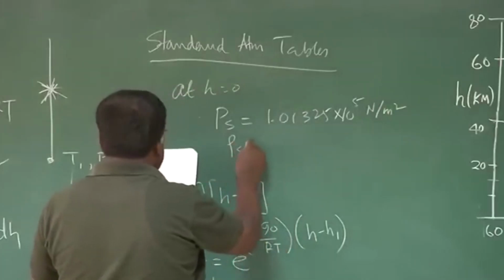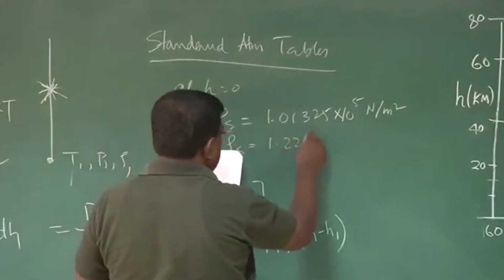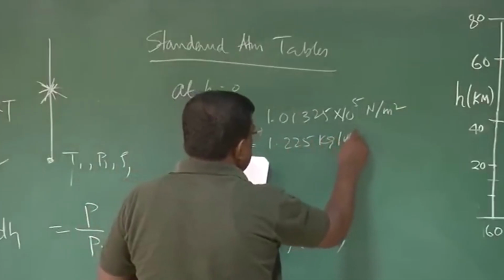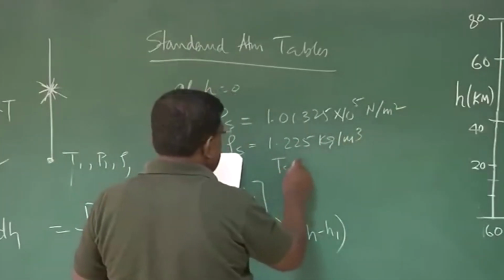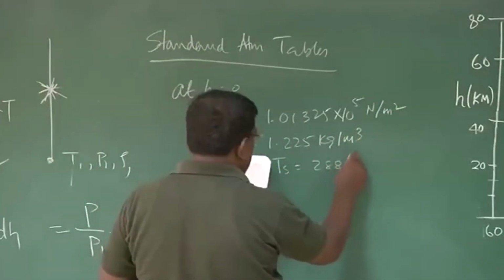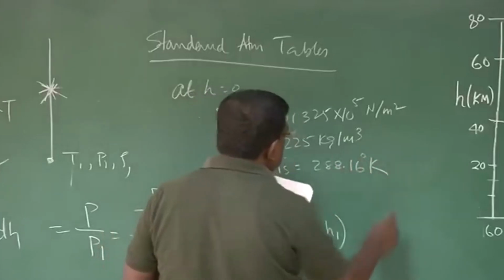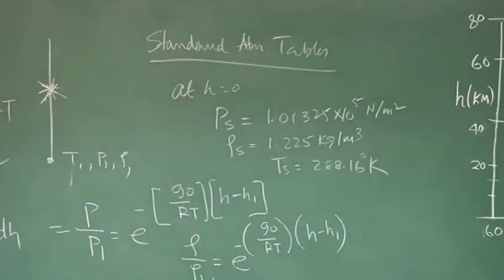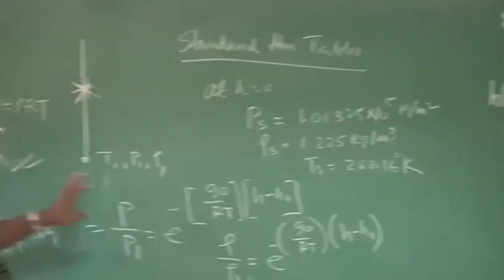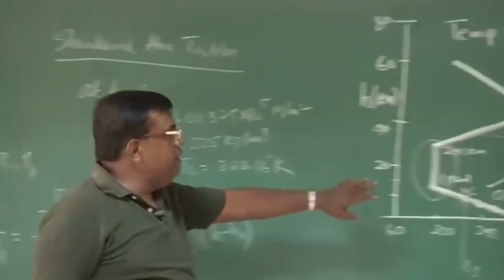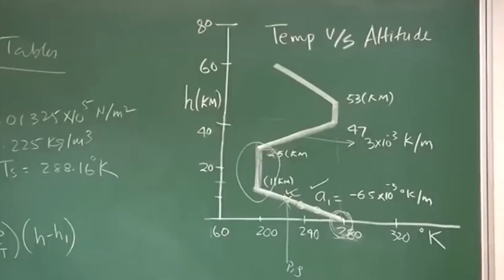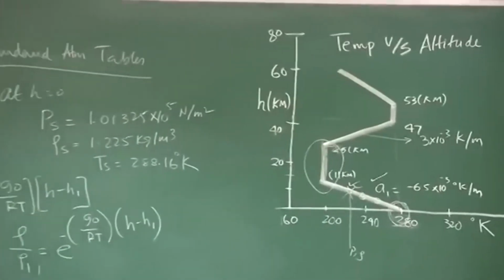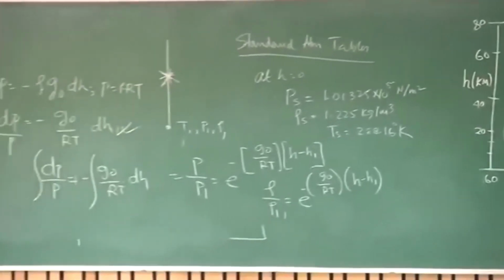Then density standard is 1.225 kg per meter cube, and temperature standard is 288.16 K. So this initial condition, the standard condition at h equal to 0, along with this relationship in gradient region and isotherm are sufficient to generate the whole standard atmosphere table.